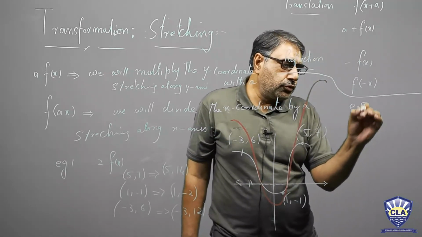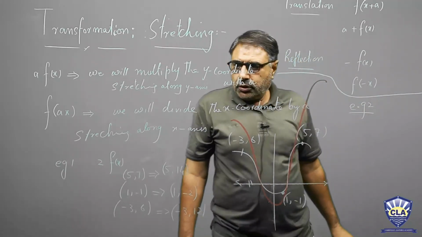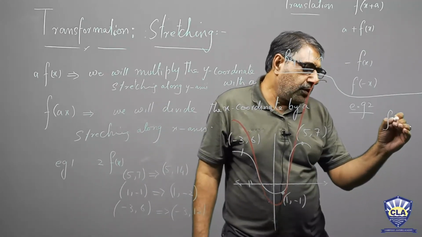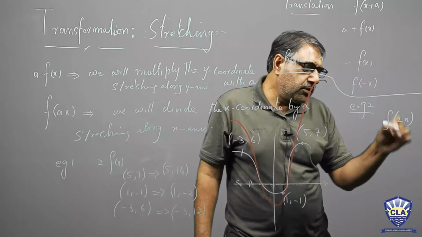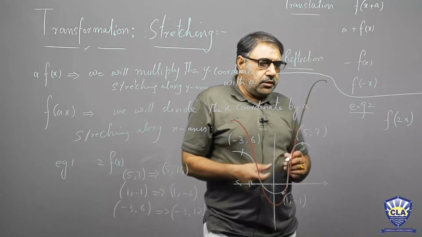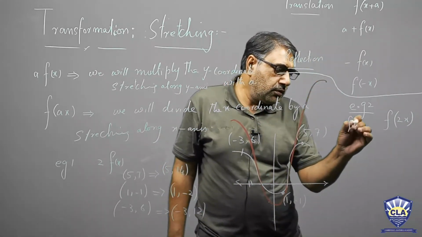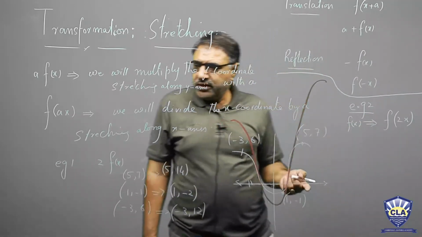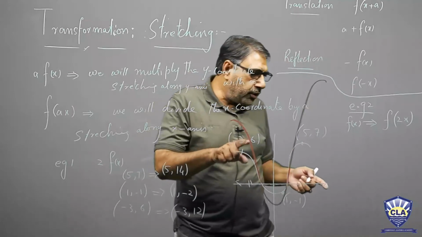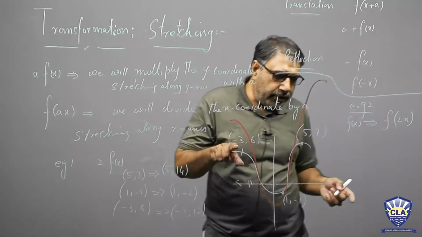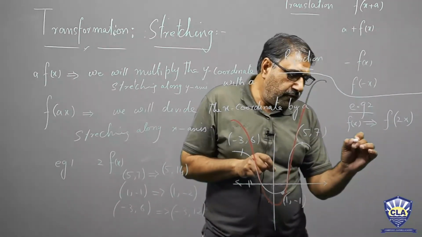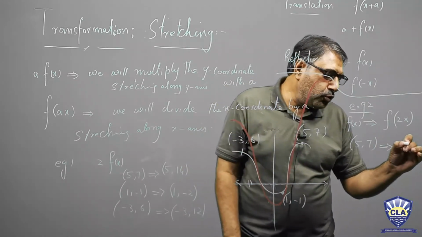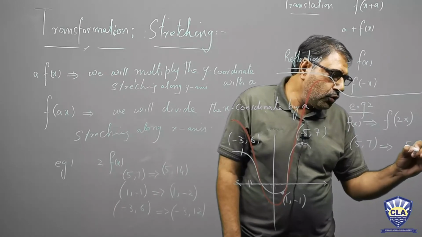Example 2. We said f of 2x. Please divide: f of x transforms to f of 2x. So please divide the x coordinate by 2. 5, 7 becomes 5 by 2, 7.